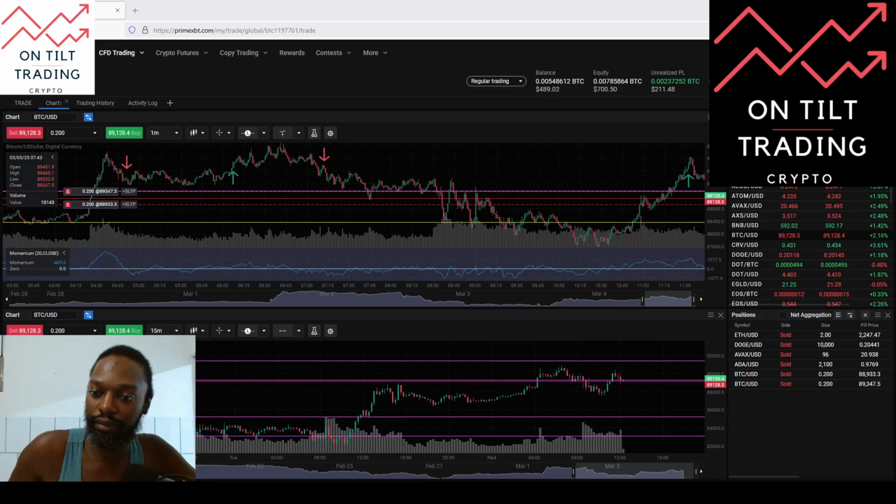Same thing here, took an entry in the area where I want to take a trade. This one, the volume profile was not as high. I've set the volume profile higher since then due to the fact that volume has increased since the U.S. market has opened. During this time, this was during the European market.